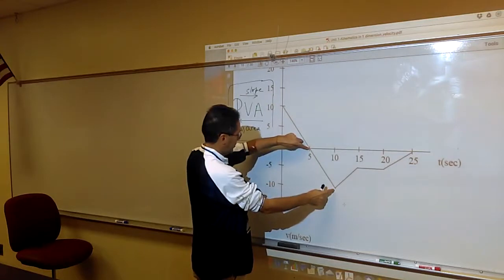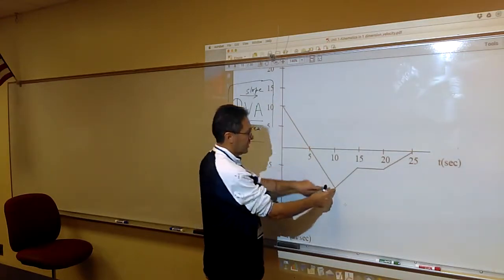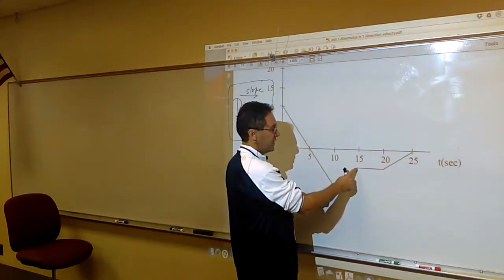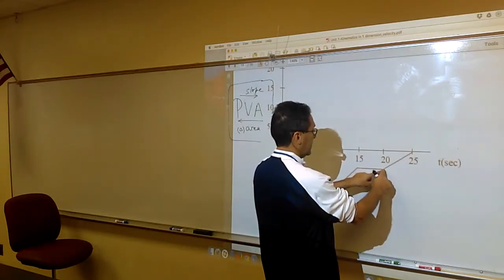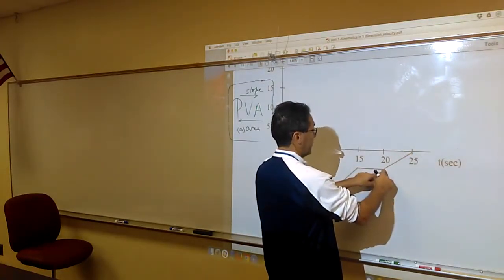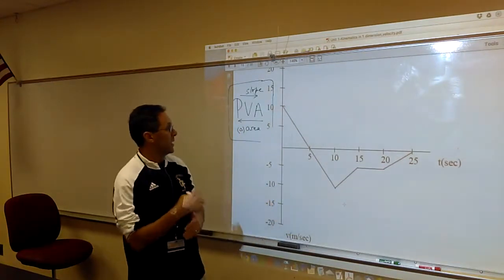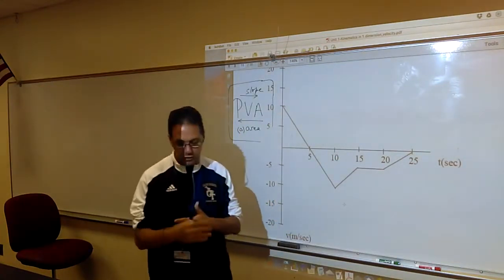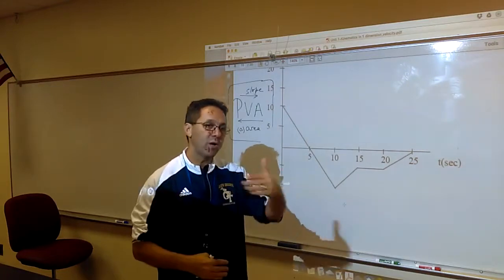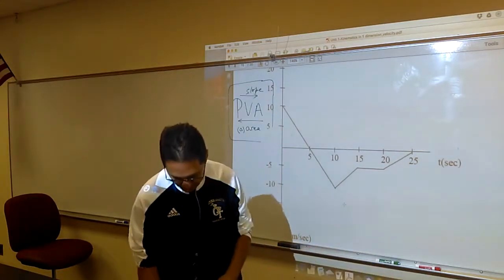Speeding up here because you're going from 0 to 10. Slowing down here because you're going from 10 to 5. Constant velocity here. And you're slowing down here because you're going from 5 to 0. So each time you're approaching the time axis in a velocity-time graph, you're slowing down. Each time you're going away from it, you're speeding up.